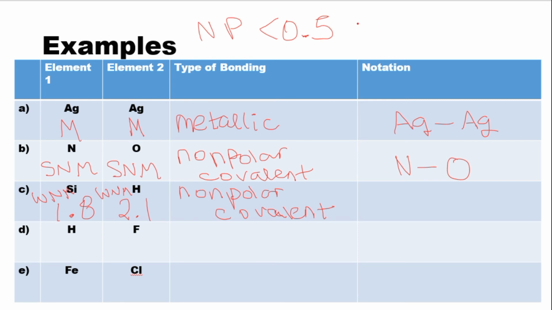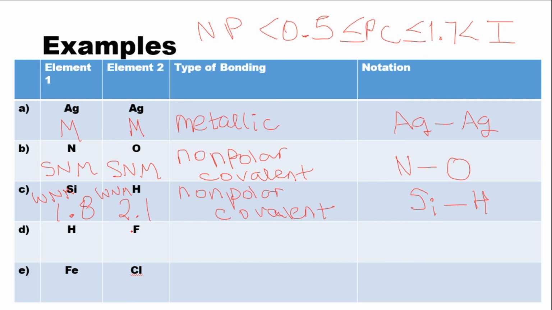If it is in between 0.5 and 1.7, that is polar covalent. And if it is greater than 1.7, that is ionic. So if you need to know the range, look it up in your notes. And since it's nonpolar covalent, there's no special notation. So we have silicon bonded to hydrogen.